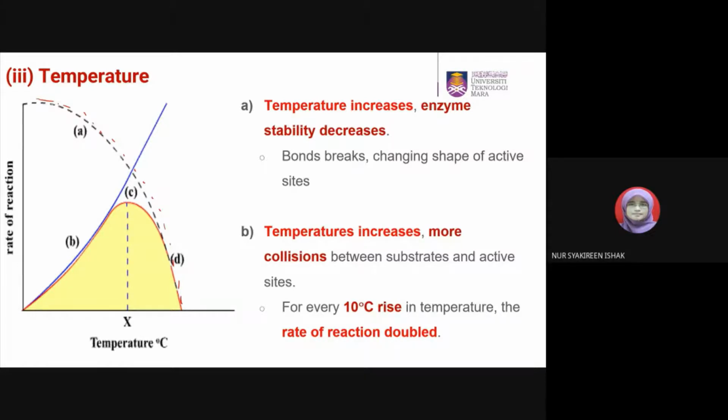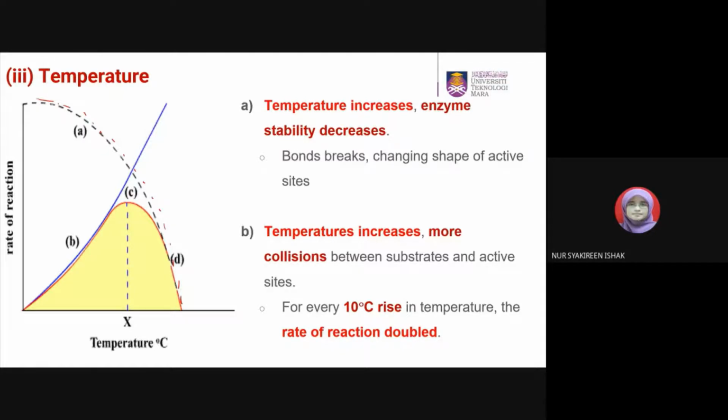As you increase the temperature, it can cause the molecules to vibrate, and the collision between the enzyme and the substrate to increase. So that's why it says here, as temperature increases, enzyme stability decreases.